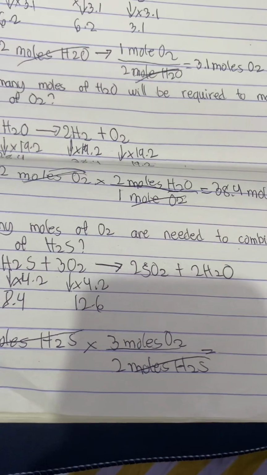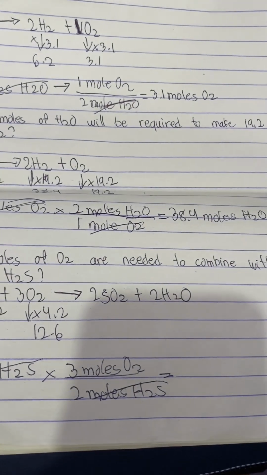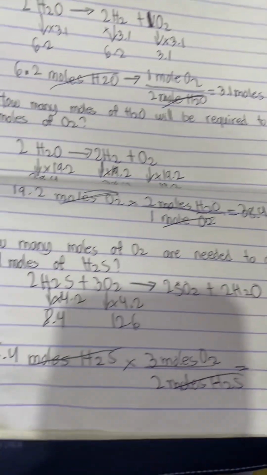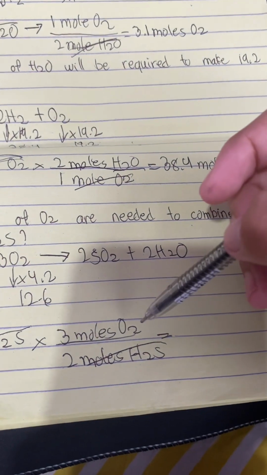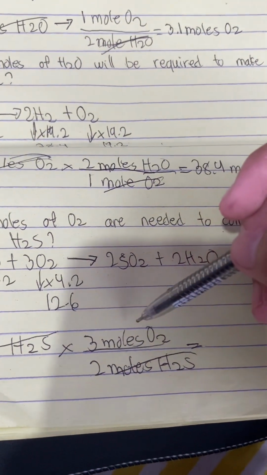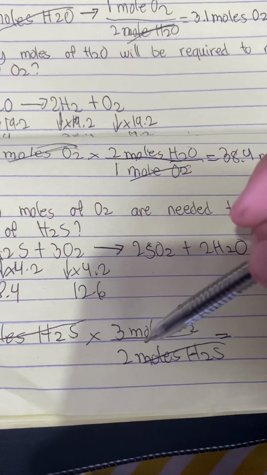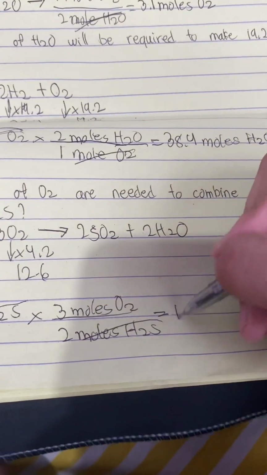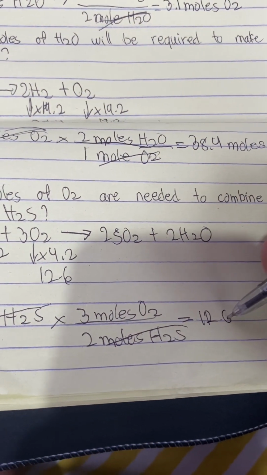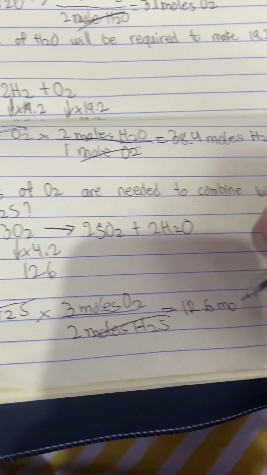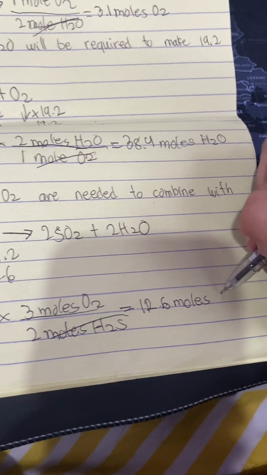Wait, 25.2. So 25.2 divided by 2 will be 12.6 moles of oxygen.